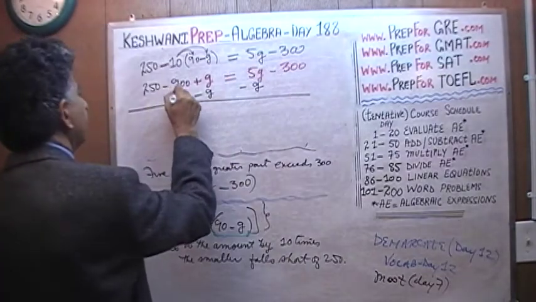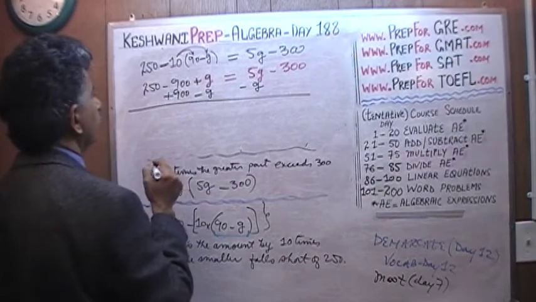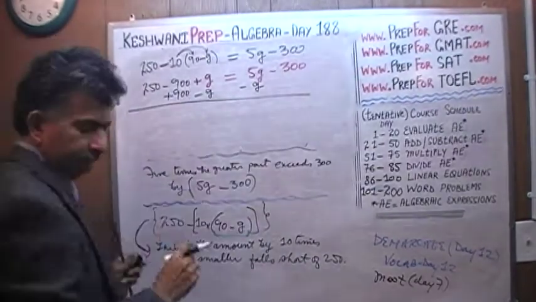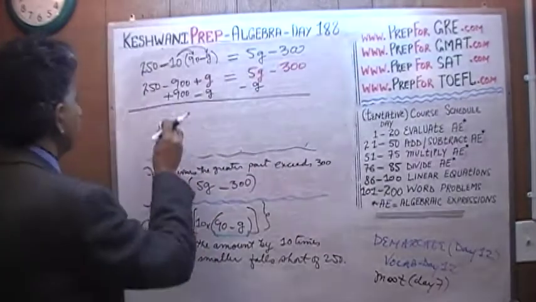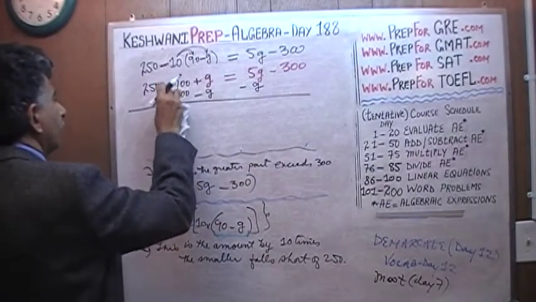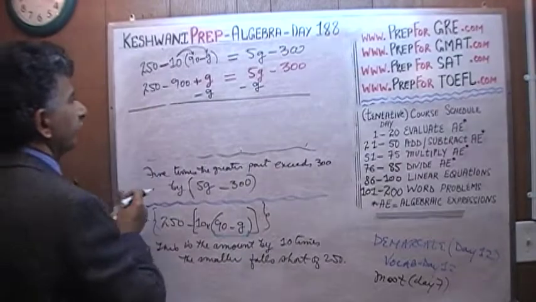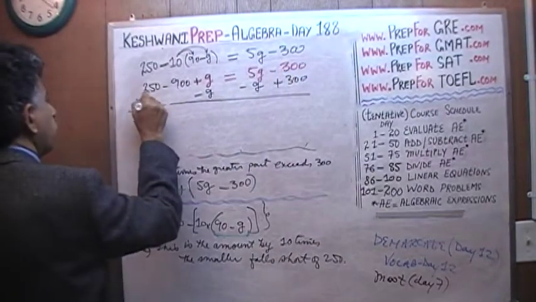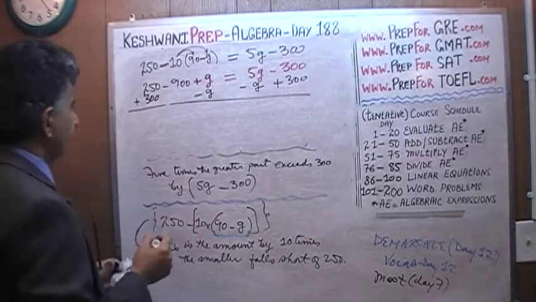Let's add 900 to both sides. Nope, we have to bring this 300 over here. Let's add 300 to both sides. That's it.